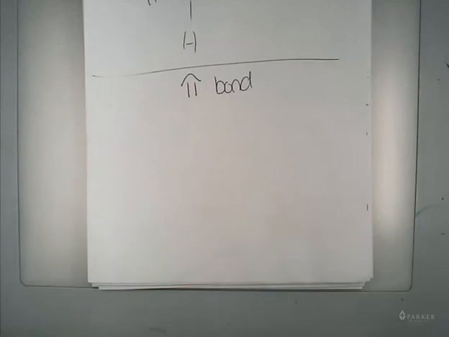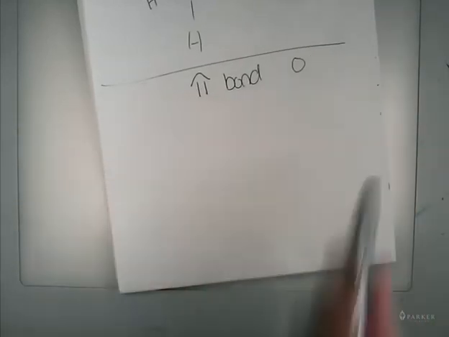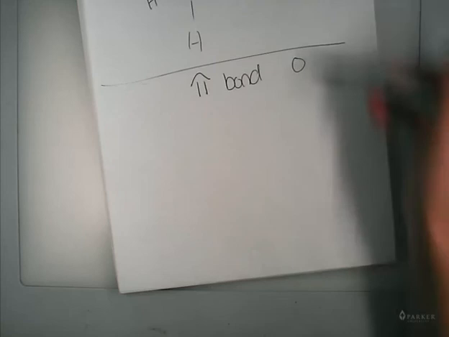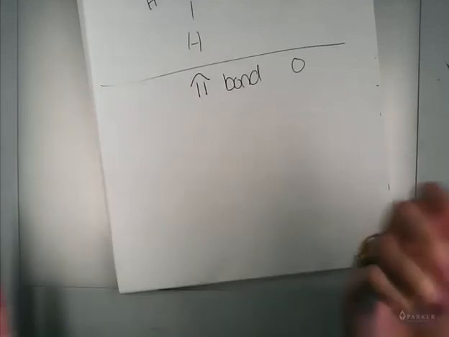So pi bonds overlap in 2 areas. Okay, so if we look at an s orbital, just a circle on our paper, does it look like it has 2 different areas that you can overlap? No, there's only one possible place.